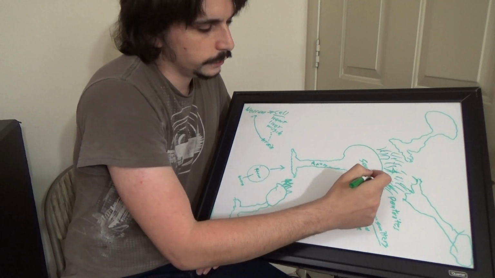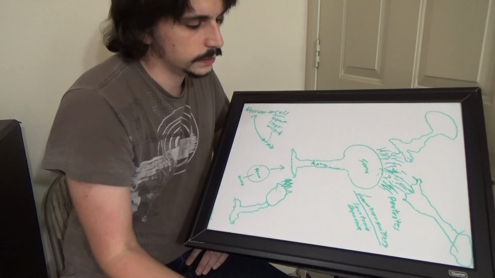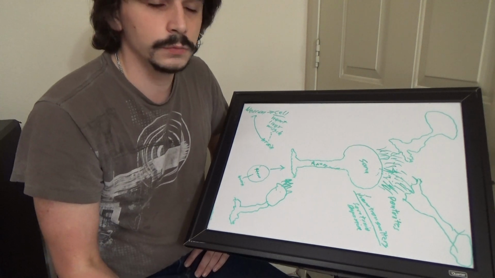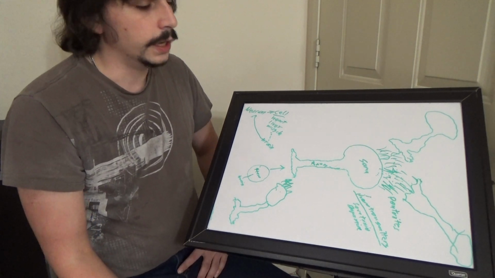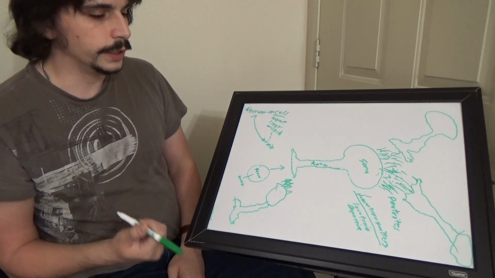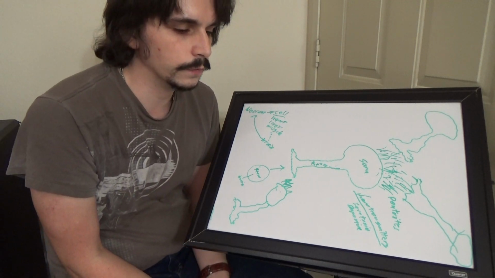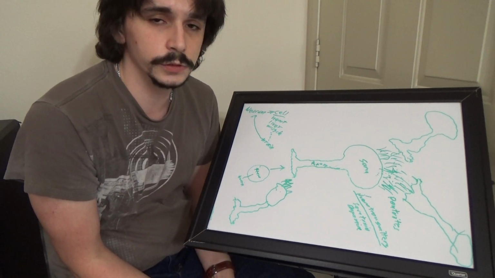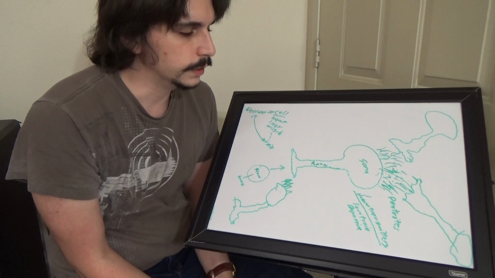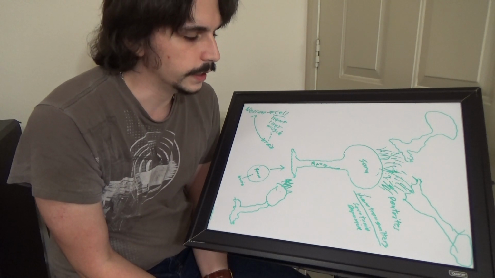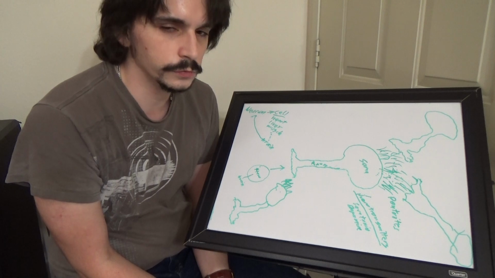So if all these were just connected, this flexibility wouldn't exist. And that's what makes our brain so powerful, the flexibility of neurotransmitters between the gaps between axons and dendrites and soma.